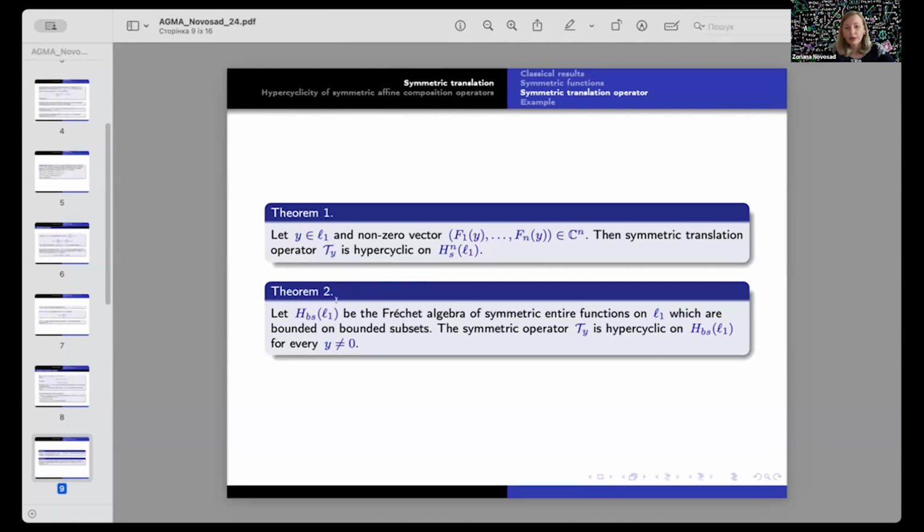Theorem 2: consider the Fréchet algebra of symmetric entire functions on l1 which are bounded on bounded subsets. The symmetric translation operator T_y is hypercyclic on this algebra for every y not equal to 0. This is the infinite dimensional case. The first theorem is for a finitely generated algebra, and the second theorem is for the infinite dimensional case.